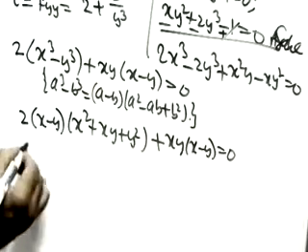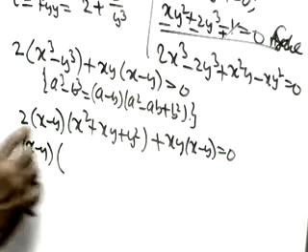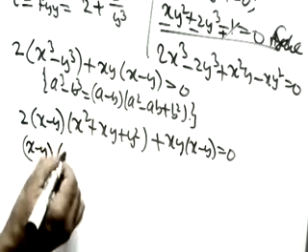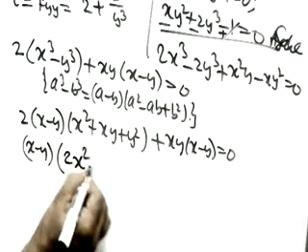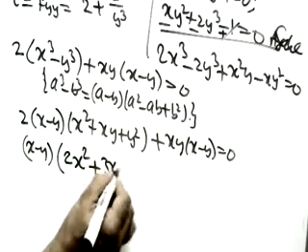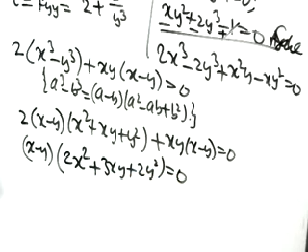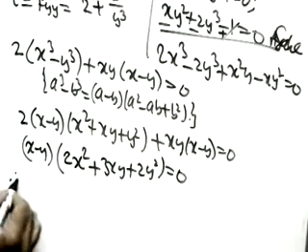Now let me take x minus y common from these. If you take x minus y common, you multiply with this 2: 2x square, 2xy, plus xy here, 3xy, plus 2y square equals 0. Now separate this.